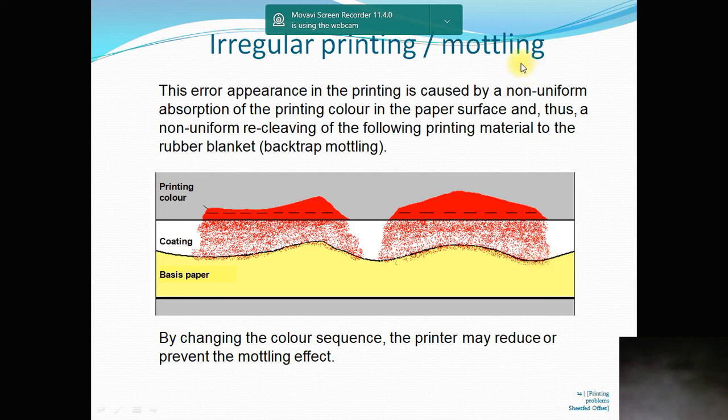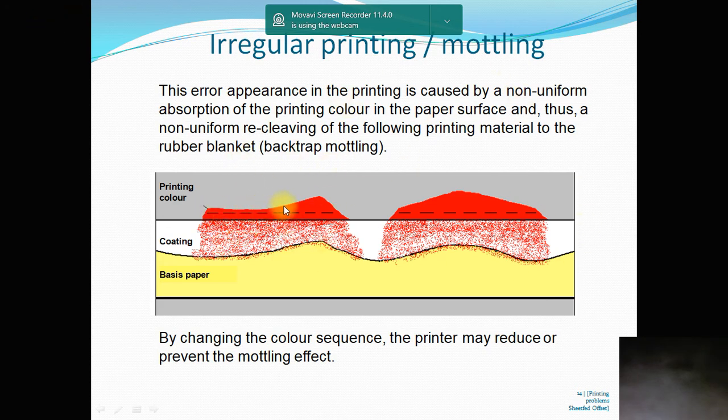This error appears in printing and is caused by a non-uniform absorption of printing color in the paper surface. Normally, after transferring from the blanket cylinder to the substrate, the ink should be absorbed by the surface of the paper. If the surface of the paper is unable to absorb the ink evenly, we may find this type of mottling problem.